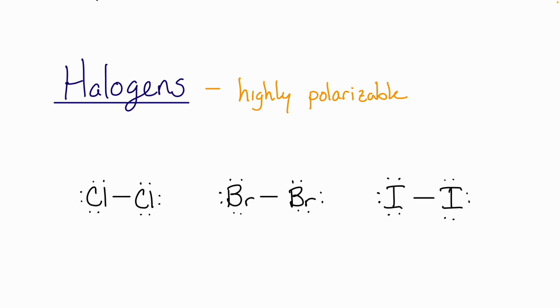You have unwittingly been taking advantage of this in your organic chemistry lab using dichloromethane as a go-to solvent because it dissolves a wide range of relatively nonpolar compounds because those halogens are highly polarizable. And what this polarizability means is their electron cloud moves around a lot.